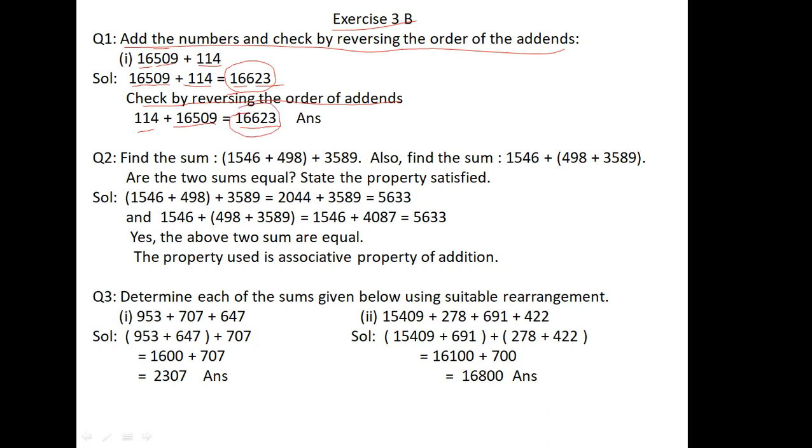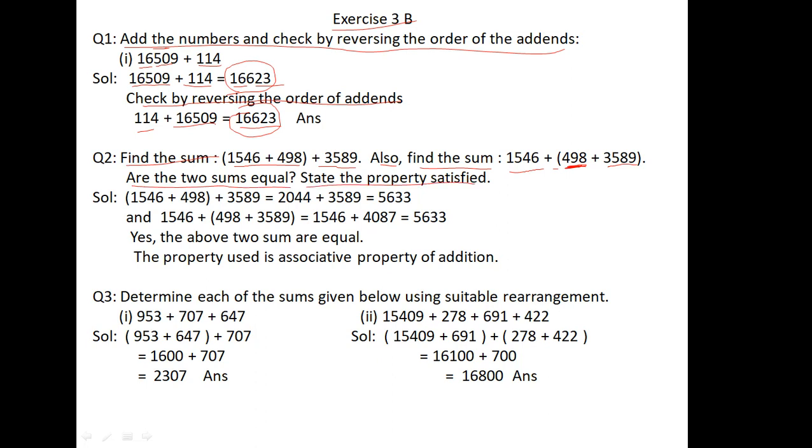Now question number 2 says: find the sum of 1546 plus 498 in one bracket, plus 3589. Also find the sum of 1546 plus 498 plus 3589 with the bracket on the last two. Are the two sums equal? State the property satisfied.